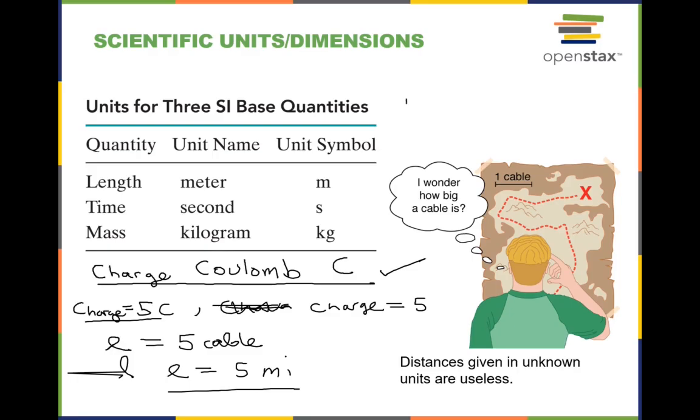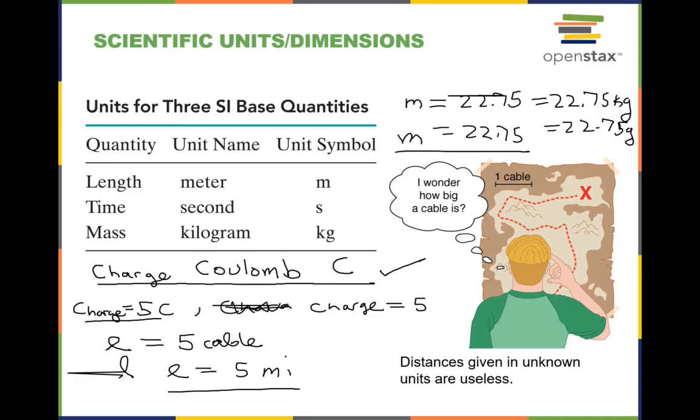Like they might say, okay, so the mass M is equal to 22.75, and then they don't tell you what that number is. They don't tell you that it's kilograms, or maybe they don't even know if it's kilograms or grams. Anyway, if you just reported a number here, M is equal to 22.75, no one really knows what that is.